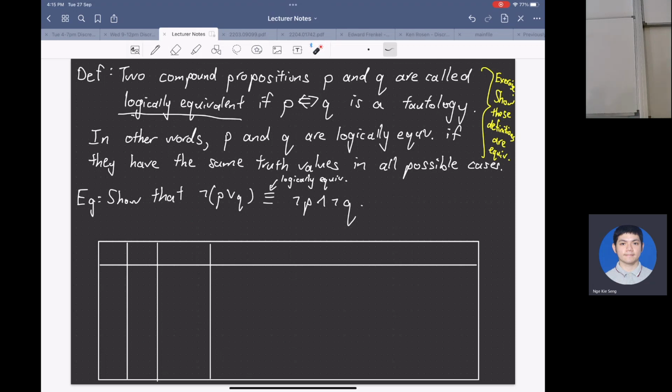Can you tell me using the definition first? You can't describe it? Okay, I'll let you draw first.